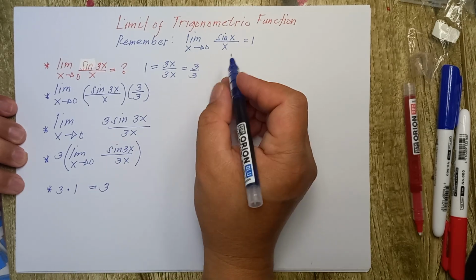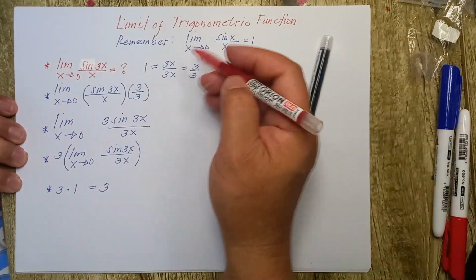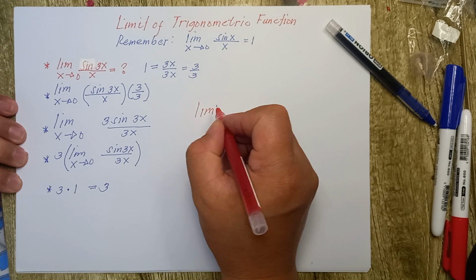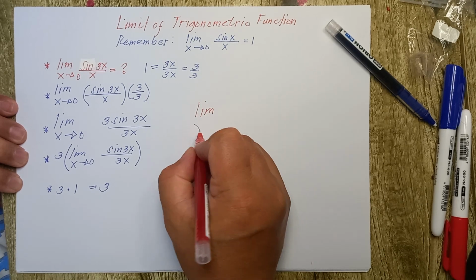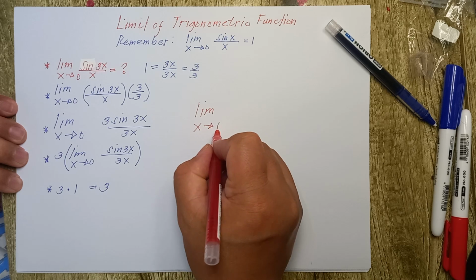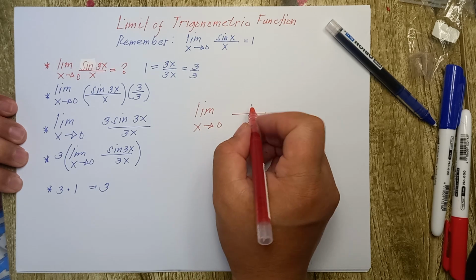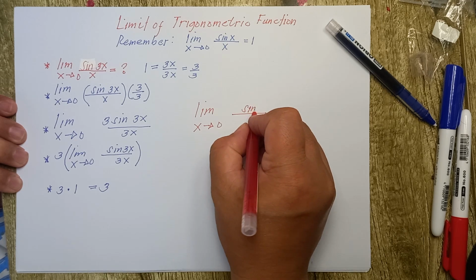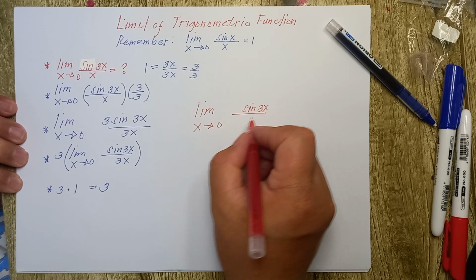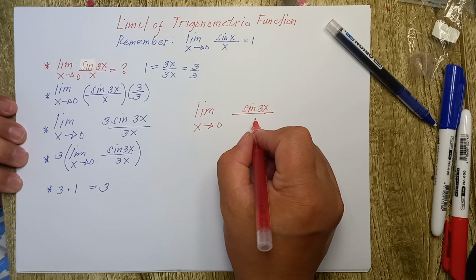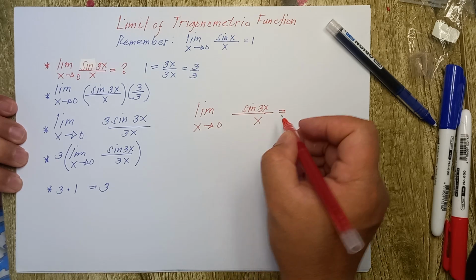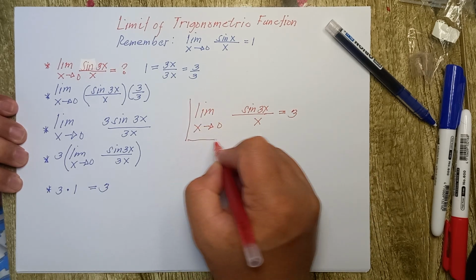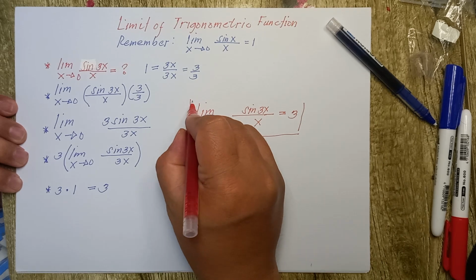So when we look for this problem, the limit as x approaches 0 of sine 3x over x has a limit of 3. That is the application of that theorem.